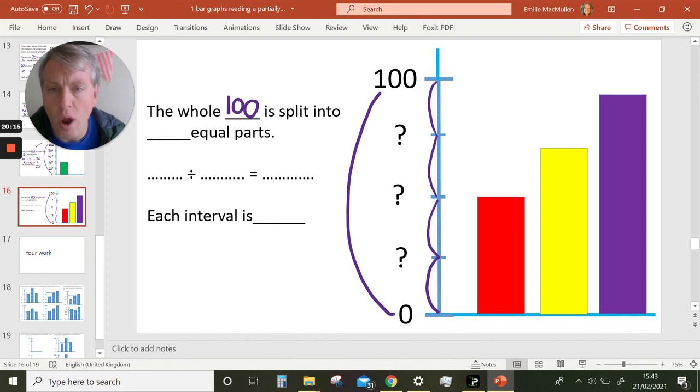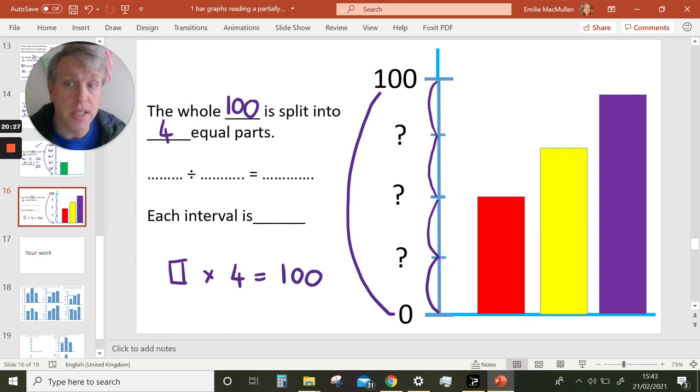The whole 100 is split into 4 equal parts. What number times 4 makes 100? This is an important one for our future maths. It's 25, isn't it? We did learn our counting in 25, so 100 split into 4 parts is 25. Each interval counts for 25.